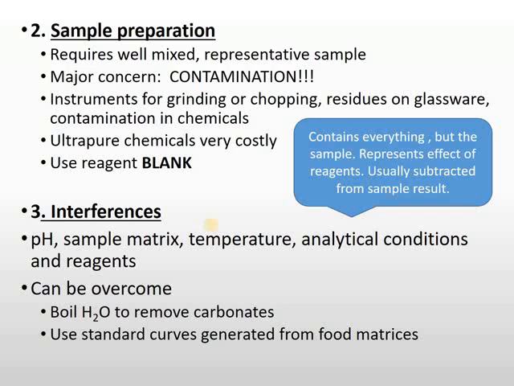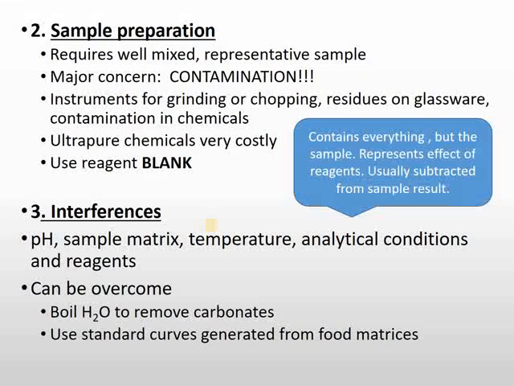But when we talk about the blank sample or the blank preparation, that's whereby you have everything else without the sample itself. That's why it's called the blank, and it's normally used to calculate the difference between the sample and the titration.